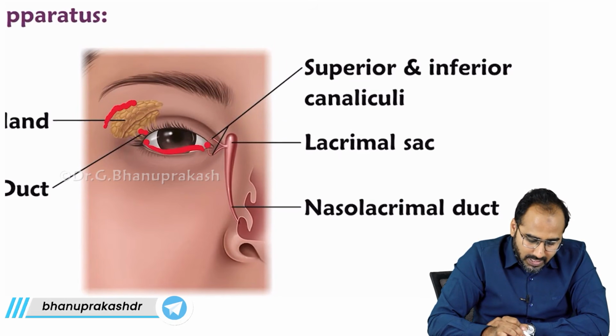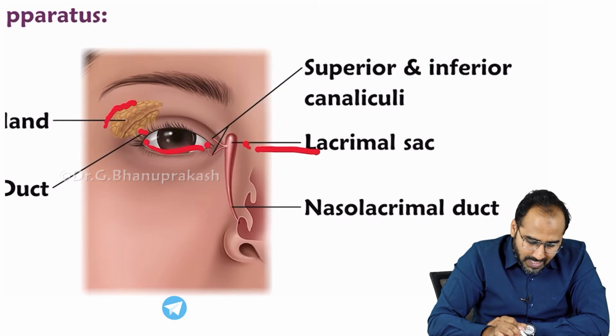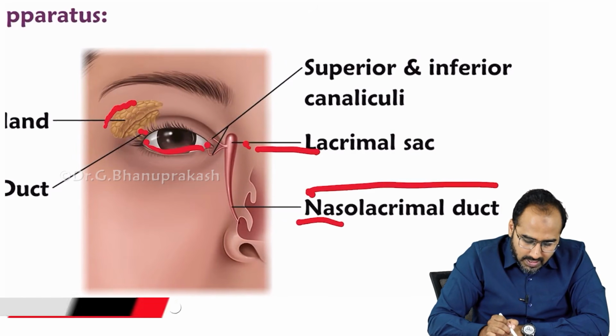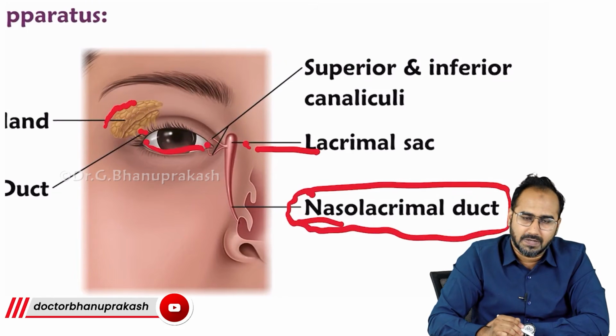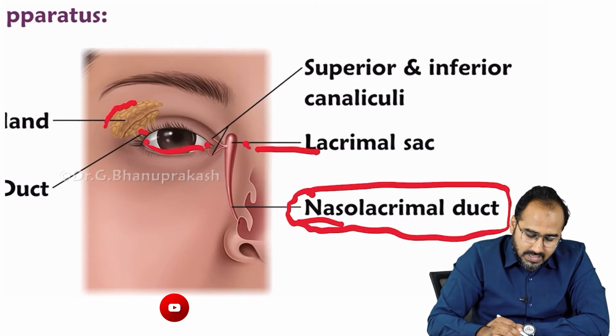From the punctum, they go into the superior and inferior canaliculi. From there, it goes into the lacrimal sac and then ultimately leading to what? The nasolacrimal duct. A very important structure in the lacrimal apparatus is the NLD, nasolacrimal duct. Okay?